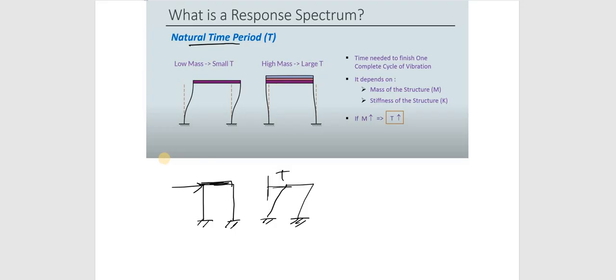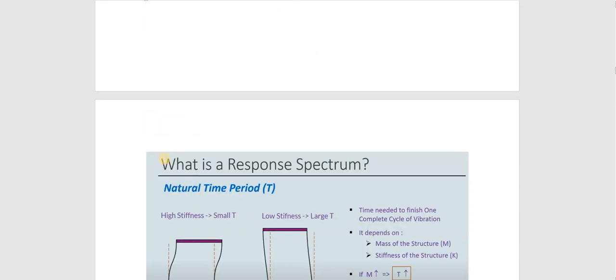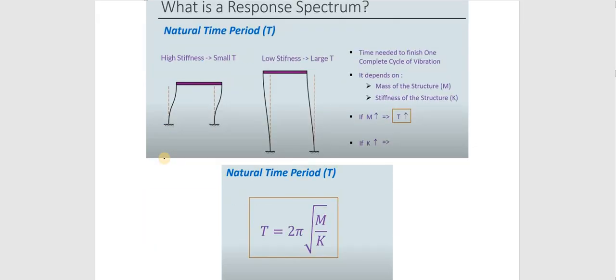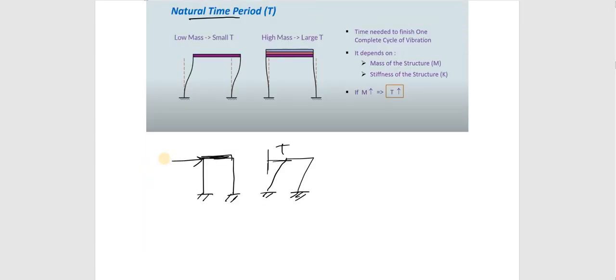The time period is given by the equation we have already studied. T is equal to 2 pi into root of m by k. So time period is directly related to mass. For example, if the mass is increasing, the time period will increase.